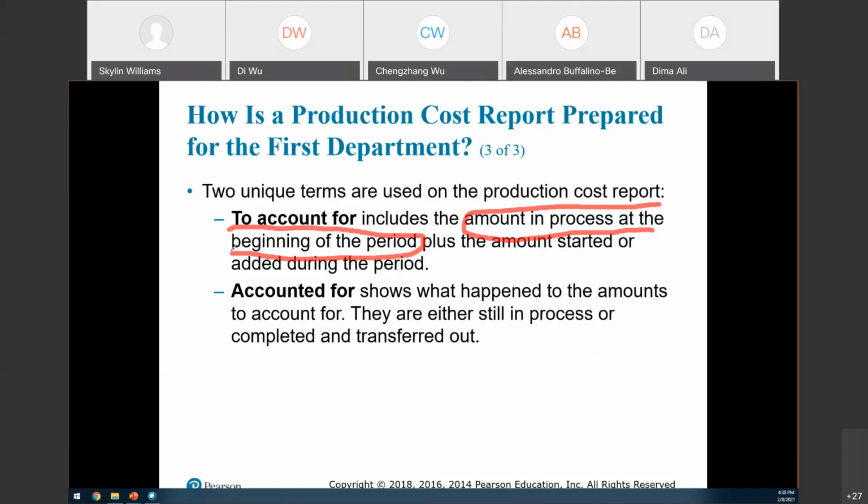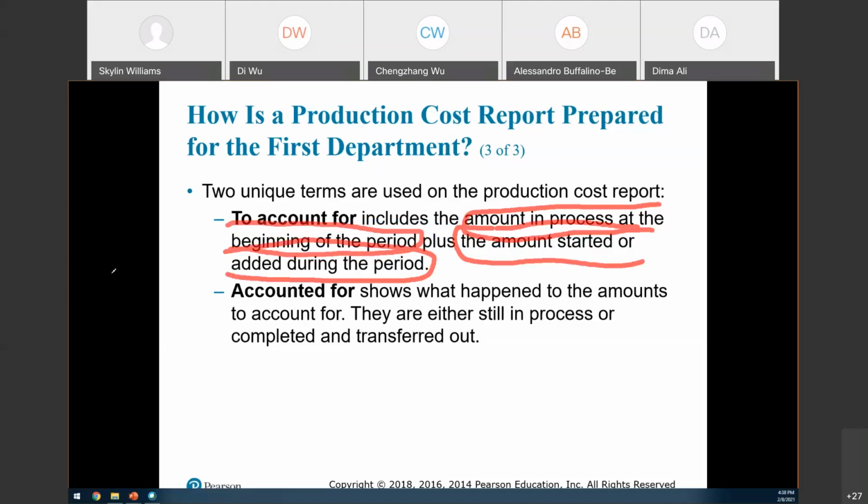These two figures are equivalent. Well, the first part in to account for is the amount in process at the beginning of the period plus the amount started or added during the process.